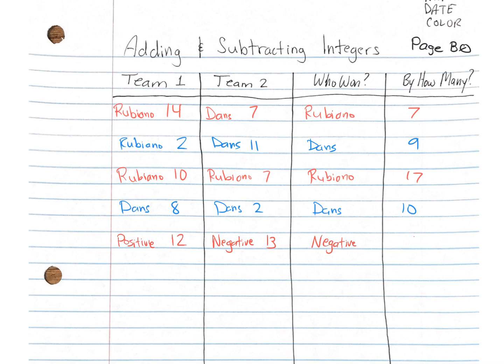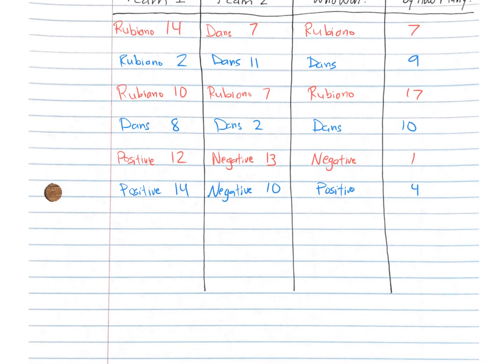Well, in this one, it'll be by 1. And then we just continue this. So let's say the positive team got 14 kills, and then the negative team got 10 kills. Well, who got more kills? Well, it'll be the positive. Well, by how many more kills? Well, by 4. And then I just continue this pattern.